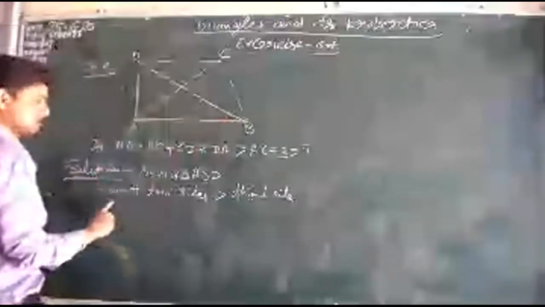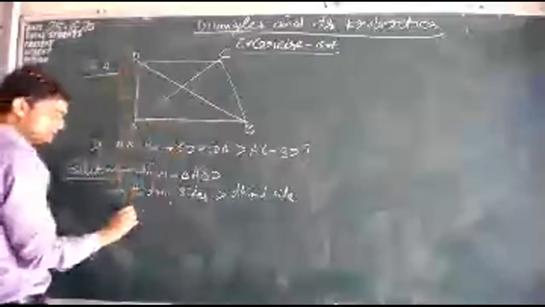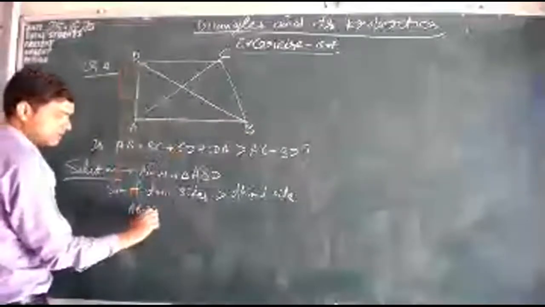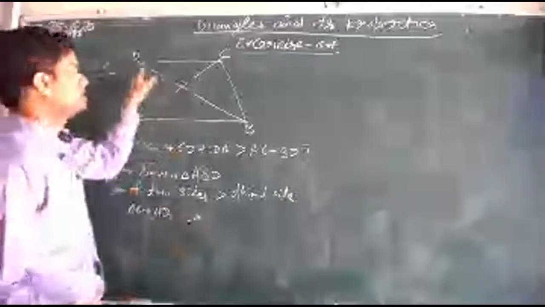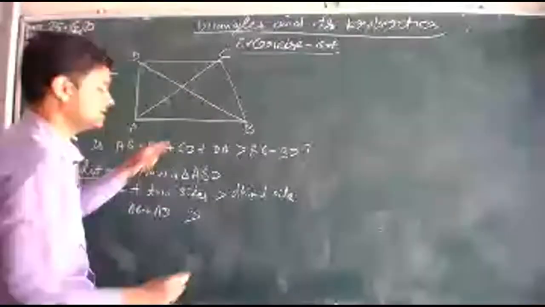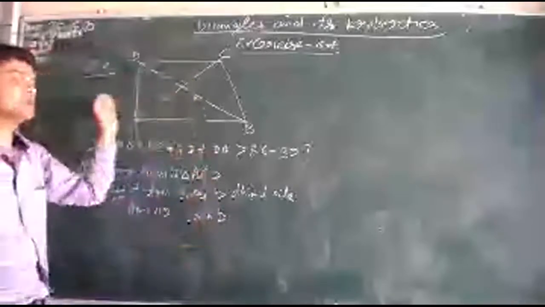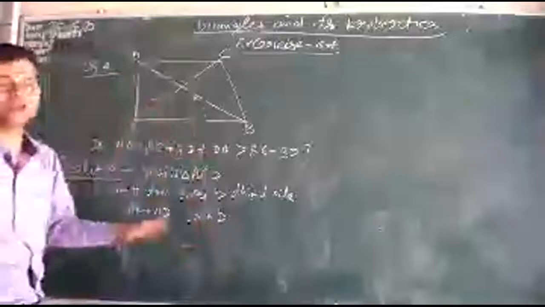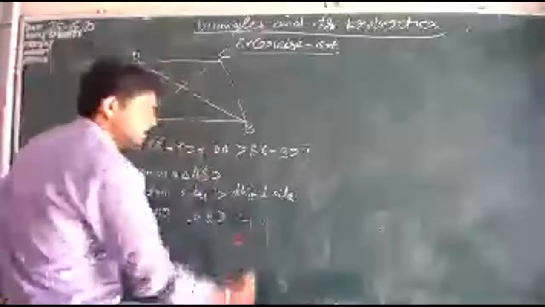It means the sum of two sides, AB plus AD, should be greater than the third side, that is BD. Did you understand? We keep the diagonal on one side and the other two sides on the other side. Okay, this is your first inequality.